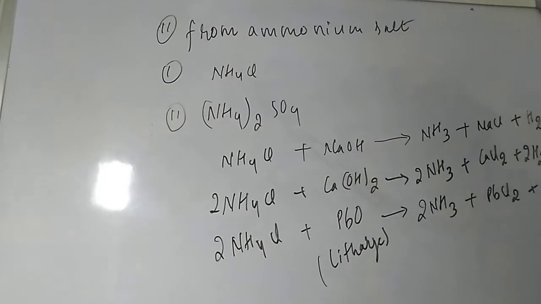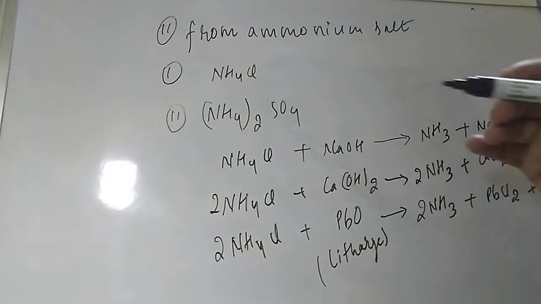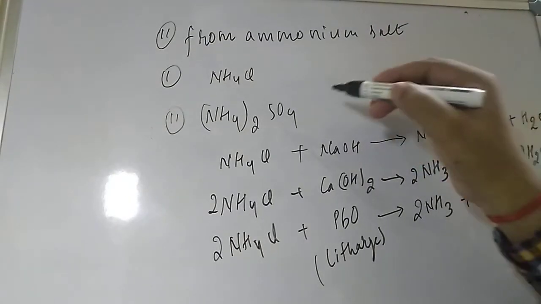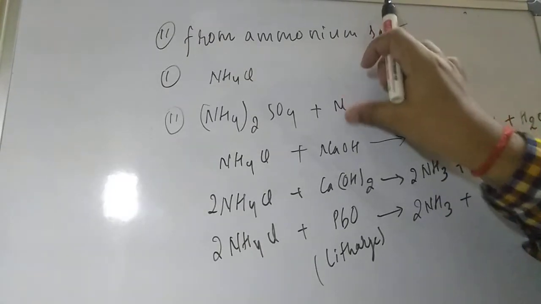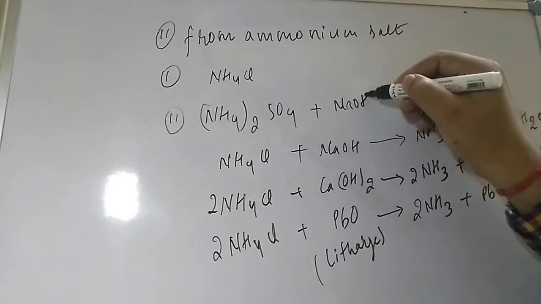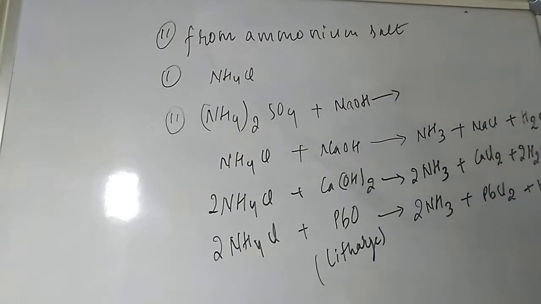So there are many ammonium salts, and from them we can prepare ammonia. Suppose you are taking ammonium sulfate; you can treat this ammonium sulfate with sodium hydroxide. It will also give ammonia. How?